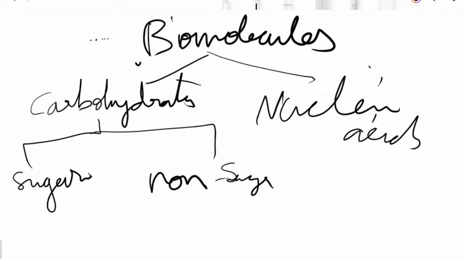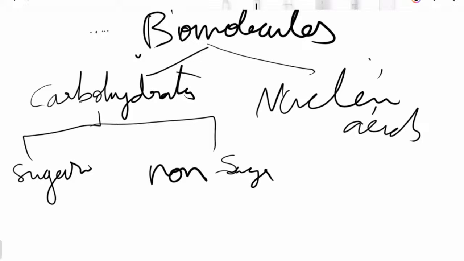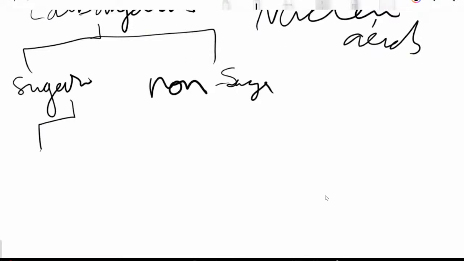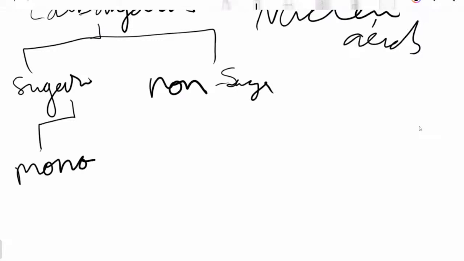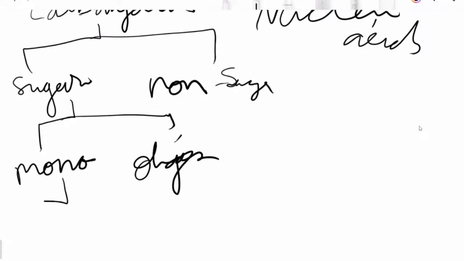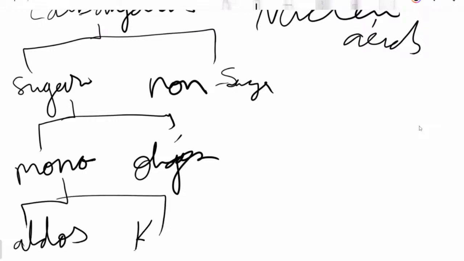These sugars are again divided into monosaccharides and oligosaccharides, and monosaccharides are divided into aldoses and ketoses. Monosaccharide, as the name suggests, is a simple sugar that is not hydrolyzed, for example glucose.